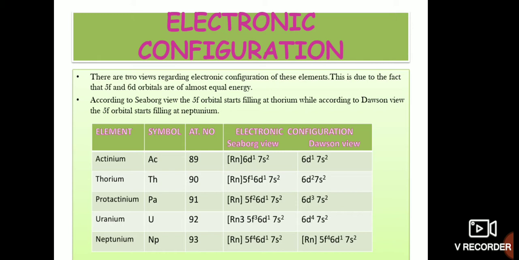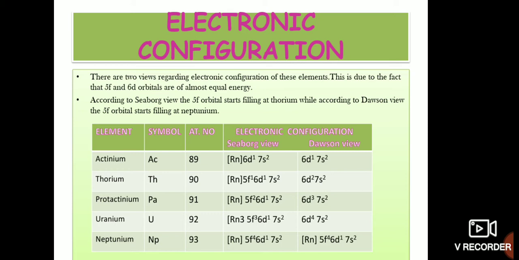So according to the Seaborg view, the 5f orbital starts filling from thorium, while according to the Dawson view, it starts from neptunium. In the Seaborg view, radon is given, as in the case of lanthanides we took xenon.